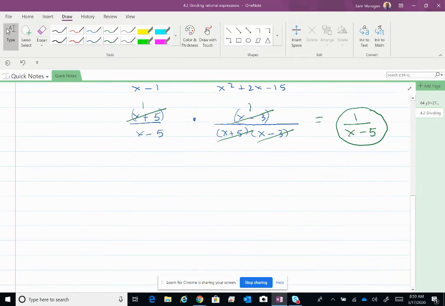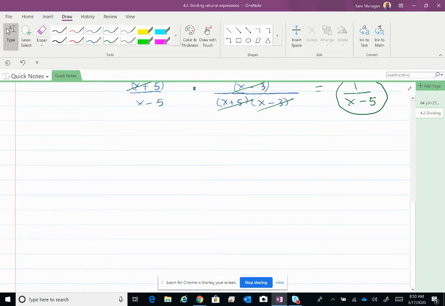All right, we're going to do a few more examples for the section just to make sure that everything is clear here. So next example, I've got 2x squared plus 5x plus 2 divided by x squared plus 2x minus 8.